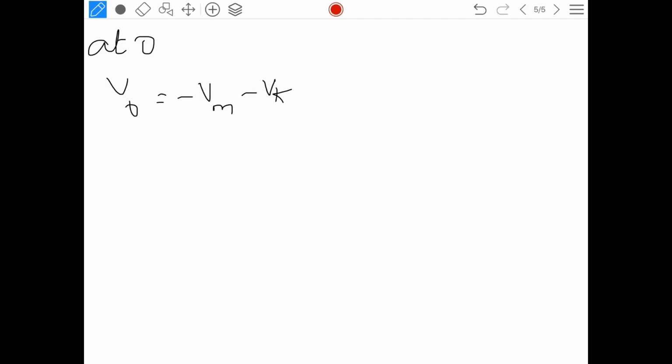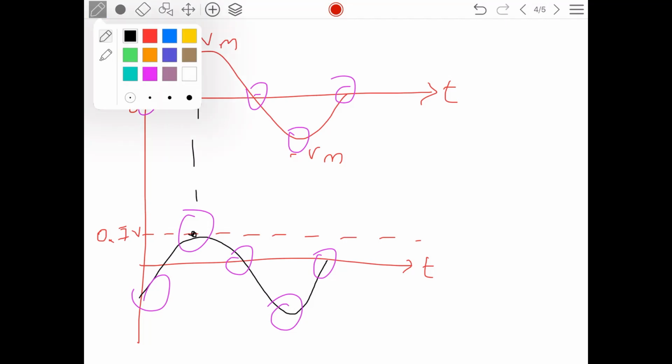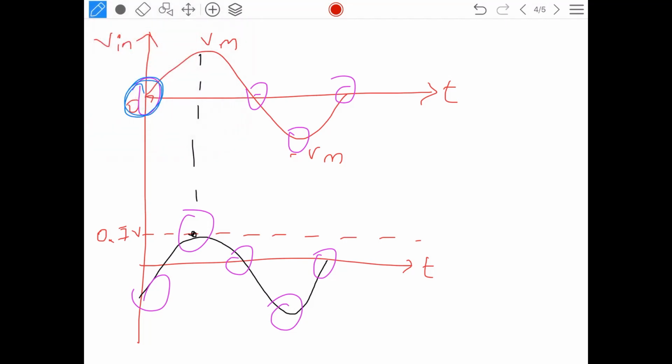If you see the waveform here, I have to analyze it for 3 different stages, that is input at 0, this point; plus Vm, this is again the same point, need not calculate; and again minus Vm, correct. So, if I calculate these 3 points, I will be able to redraw the waveform neatly, correct.